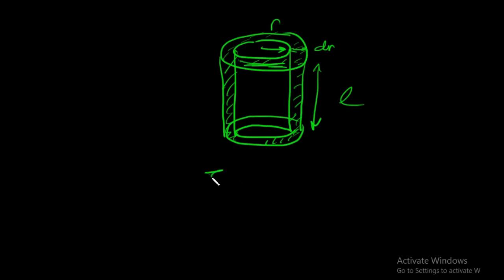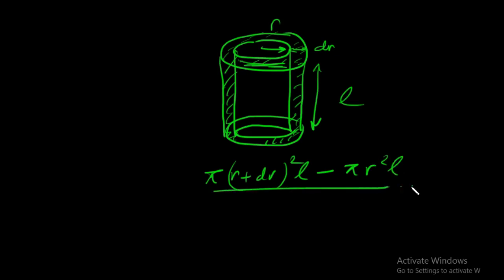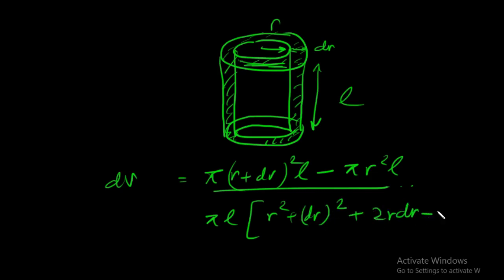So this would be pi (r plus dr) whole square times L minus pi r square L. This is the differential volume of the cylinder. We can take pi L as common: r square plus dr square plus 2r dr minus r square. The r square gets cancelled out.